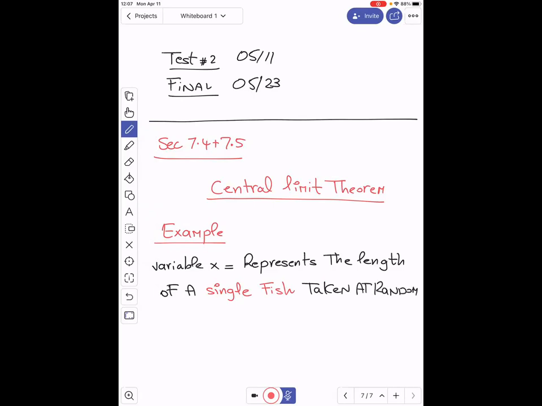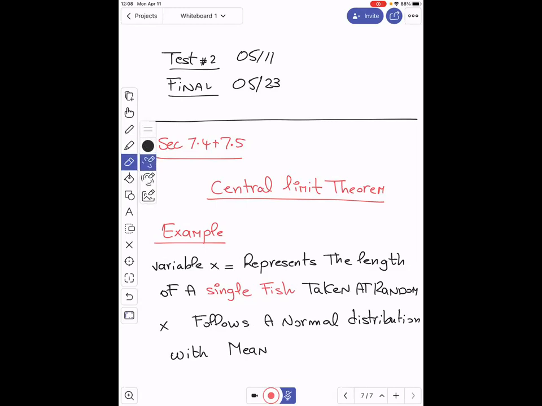Suppose that x follows a normal distribution, and we know the population mean, or the population average. This is the average of all.